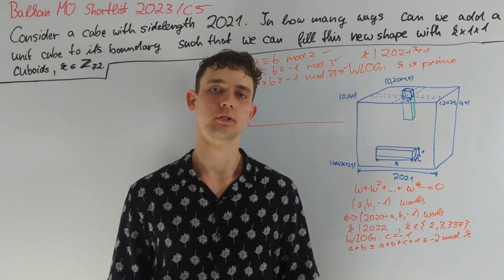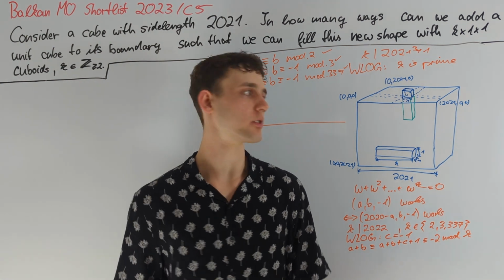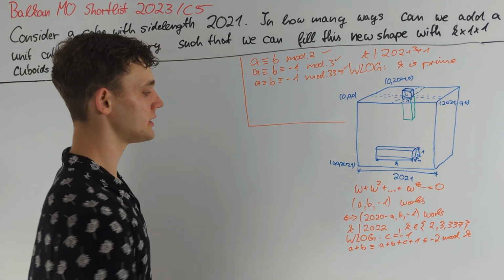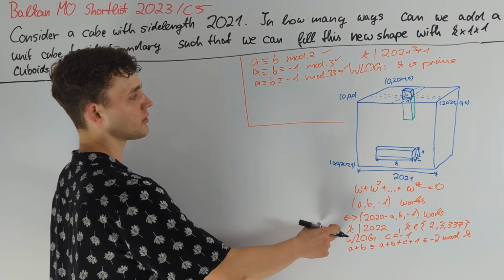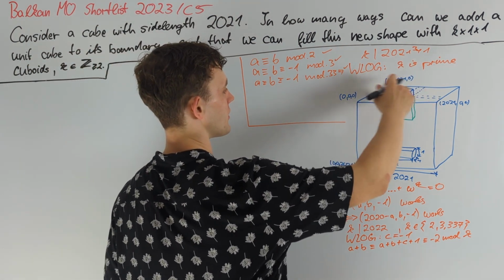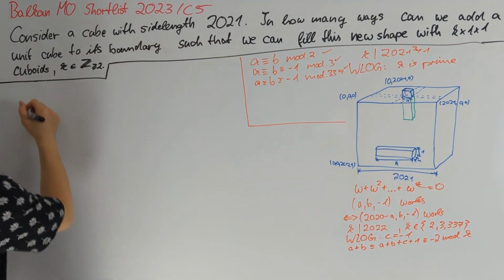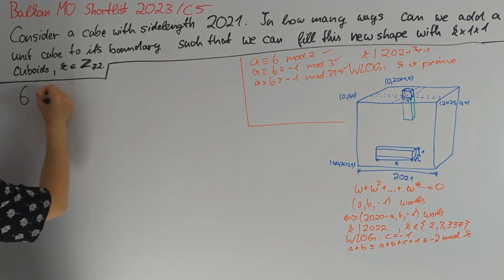Let's remember our original goal, namely counting the number of triples a, b, c. Since we assume that c is equal to negative 1, or in other words that we work on the top square, we begin with multiplying by 6.